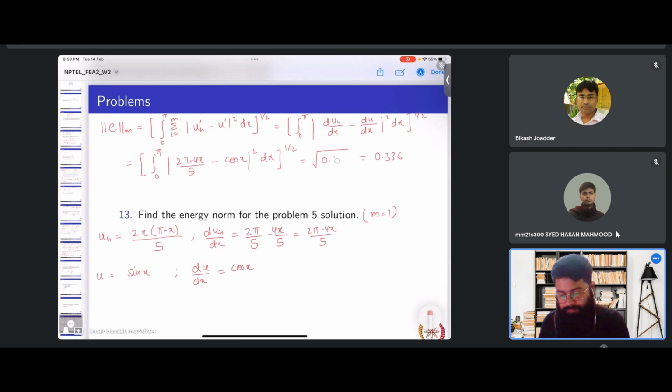That is actually equal to 4.79. Square root of 4.79 gives us 2.18. Okay, so yeah, this should be the correct answer.